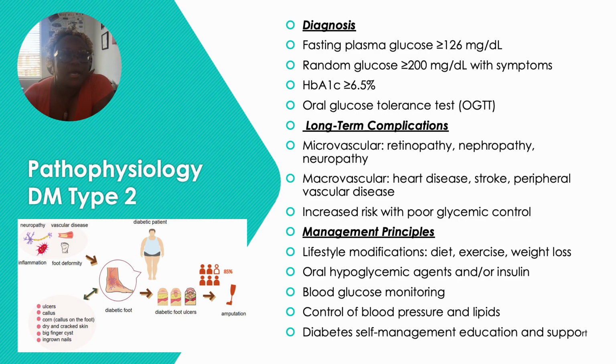We want to get a dietitian on board with us, a nutritionist on board with us when we get our patients that have the high hemoglobin A1Cs, even our pre-diabetic patients. We want to get the dietitian or nutritionist on board to help them with those lifestyle modifications.